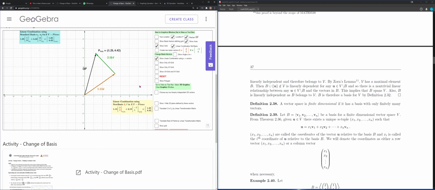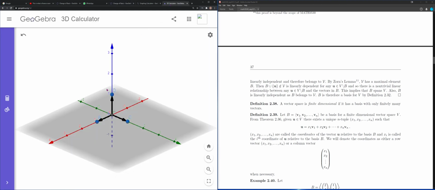For example, R2, which is the plane, has two basis vectors, so the finite number is 2.